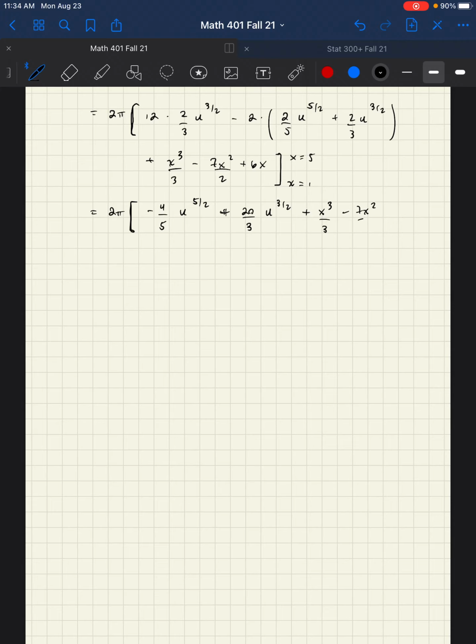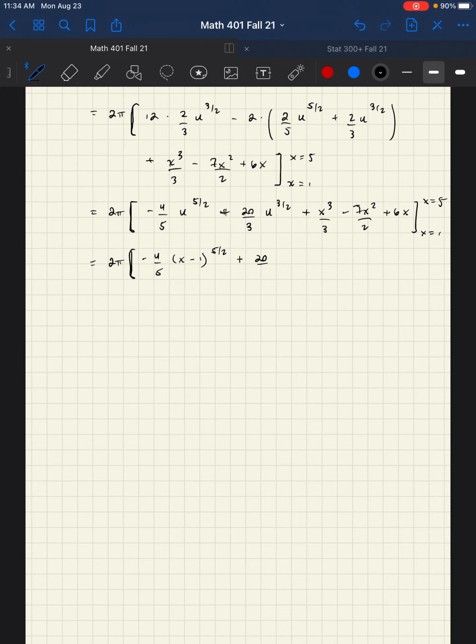So what is that going to be? It's going to be plus x cubed over 3 minus 7x squared over 2 plus 6x, and again evaluated from x equals 1 to x equals 5. And now I'm going to replace back u because we should express everything in terms of x.